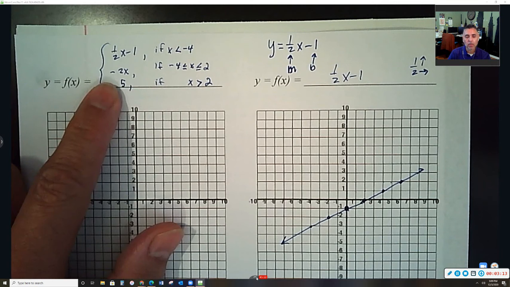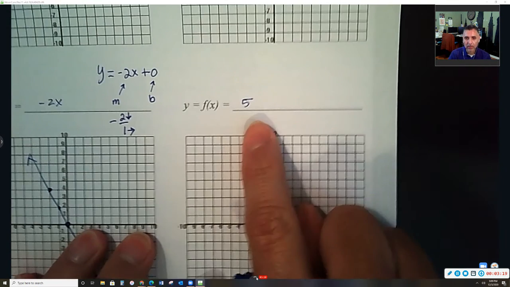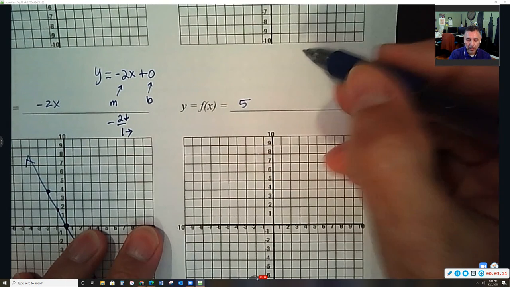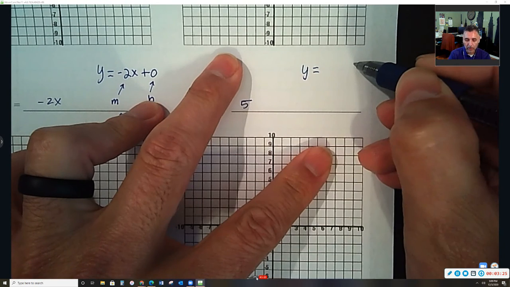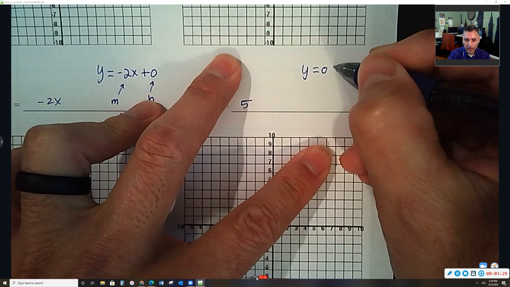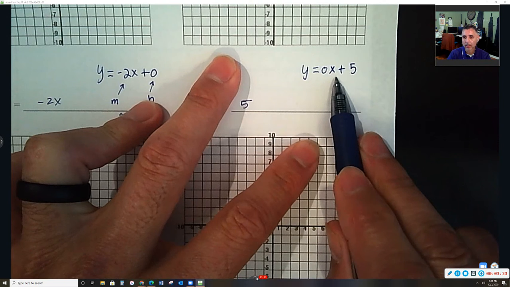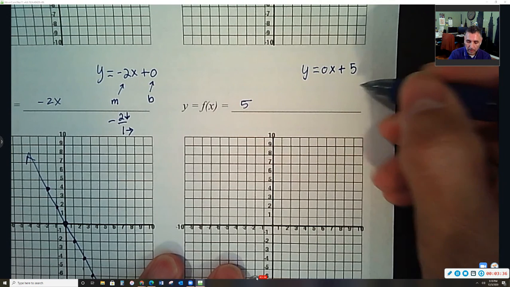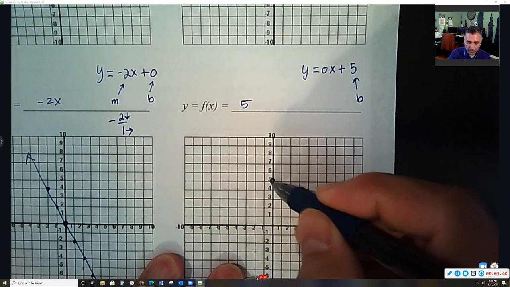Let me lower that. And then the third function is y equals 5. That one is also in slope-intercept form. It's not real clear how it's slope-intercept form, but watch, I'll put it in slope-intercept form. Whenever it's just a function like that, there's no x, so think of that as 0 times x. This is the y-intercept, so it crosses at 5.